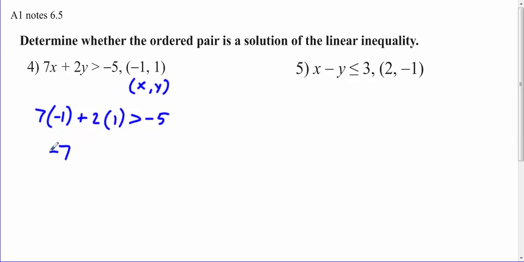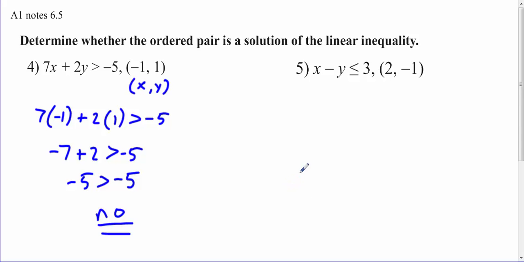At this point we just need to simplify. -7 plus 2 greater than -5. -7 plus 2 is -5. Is -5 greater than -5? Well, if it had a little equal to sign underneath, our answer would be yes, but it doesn't, so this is no, it's not.